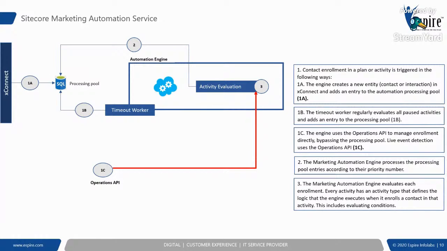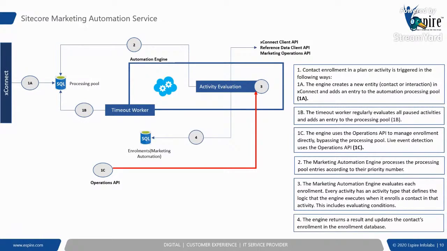So here we know that our contacts have been enrolled into our automation workflow. Now it is the marketing automation workflow's responsibility to process those contacts for further communication or further actions.